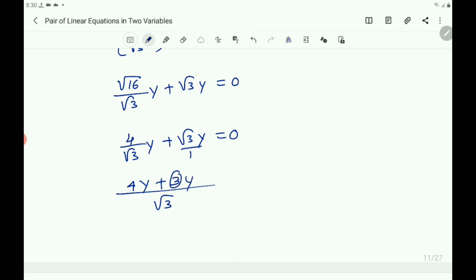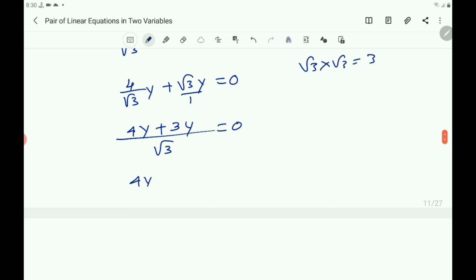How did you get 3 here? The LCM is root 3 and 1 into root 3 is root 3. Therefore, you must multiply this root 3 by root 3, and root 3 into root 3 is 3. Therefore, here you got 3. Then you write equals 0.